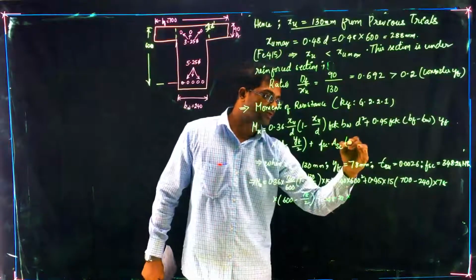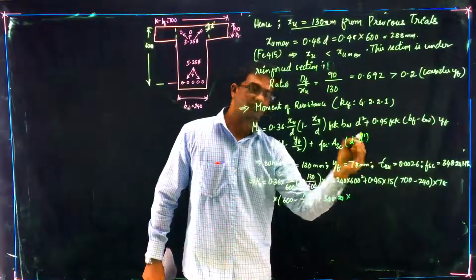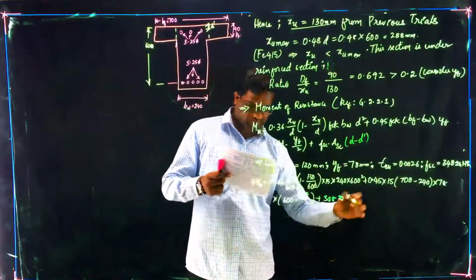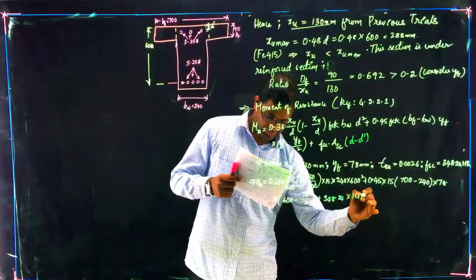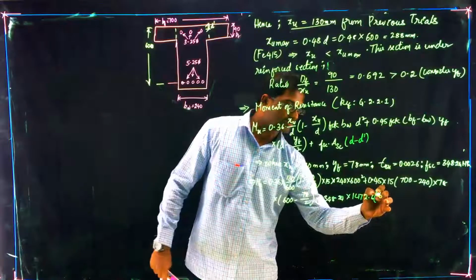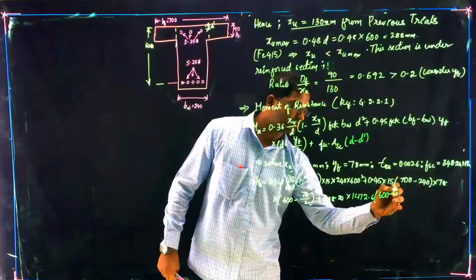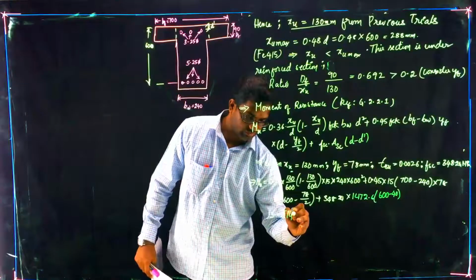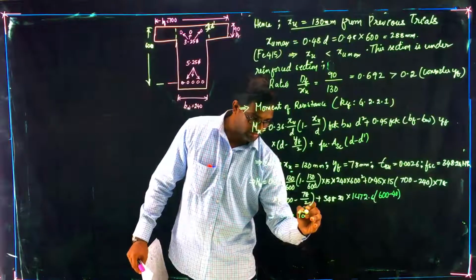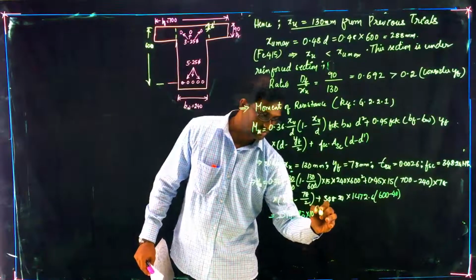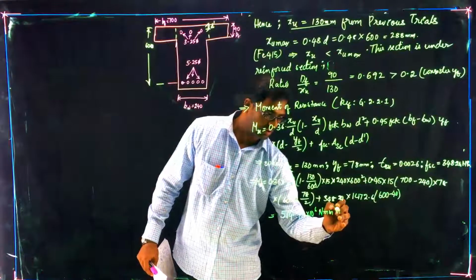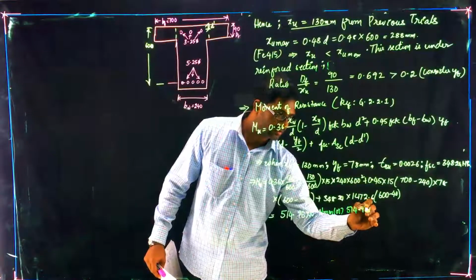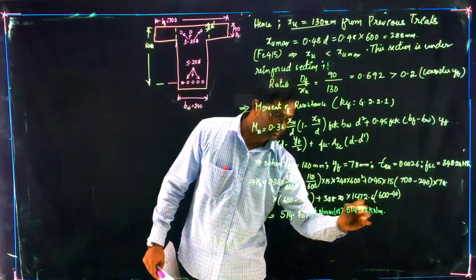So we have applied the moment or lever arm, that is D minus D dash, into ASC. ASC is 1472.6 into 600 minus 40. If you calculate this, you will get a value of 514.93 into 10 power 6 Newton mm, or 514.93 kilonewton meter.